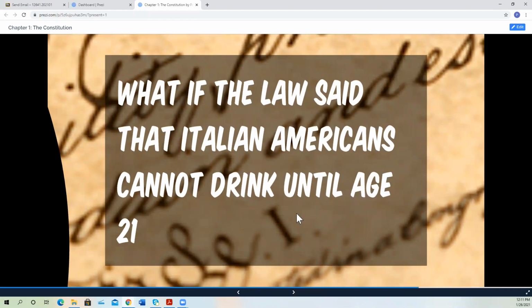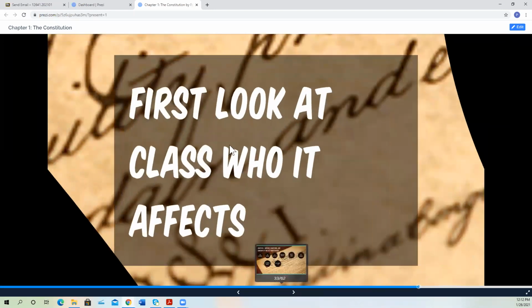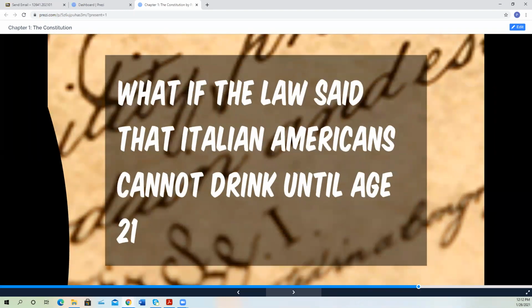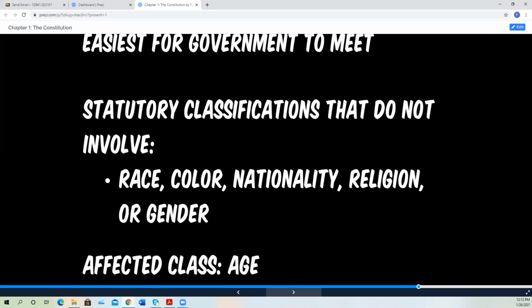So what if the law said that Italian Americans cannot drink until age 21? So now you've got two different groups. You've got the age group under 21, but it's a specific group under the age of 21, and that's Italian Americans. So for us to look at the class who it affects, Italian Americans, and because it's somebody's nationality, this does not apply.